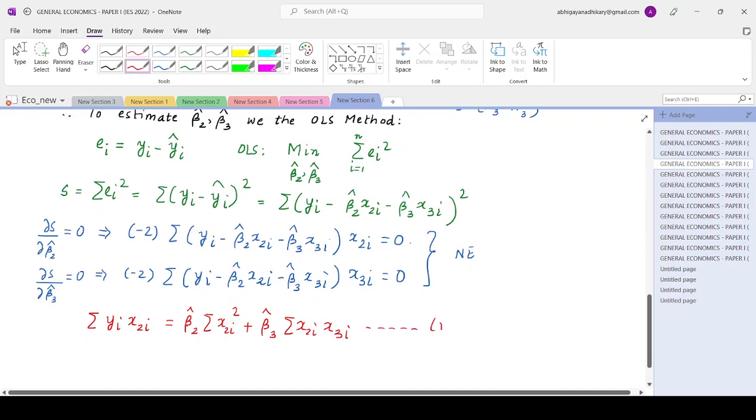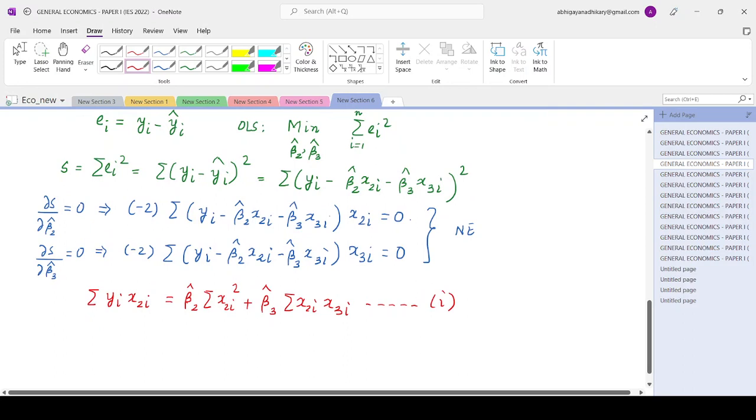I've just rearranged the first normal equation in this way, and similarly for the second one: summation yi x3i equals beta 2 hat summation x2i x3i plus beta 3 hat summation x3i whole square. So this is equation number 2.